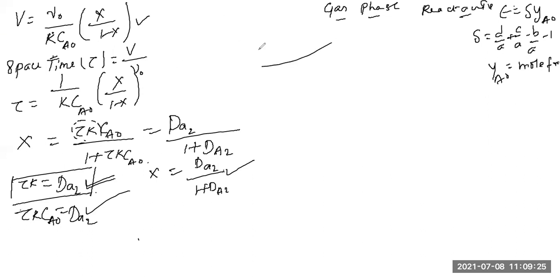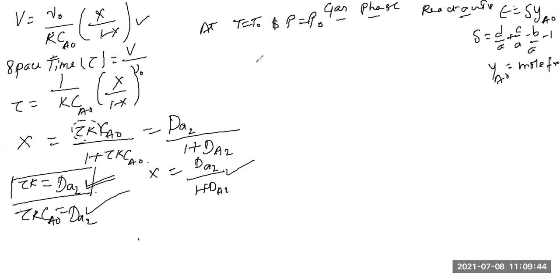So, a gas phase reaction at constant temperature and constant pressure, that is T equals T0 and P equals P0.